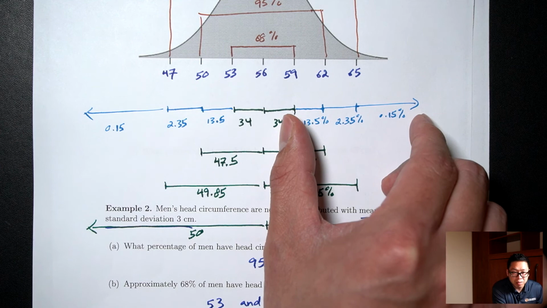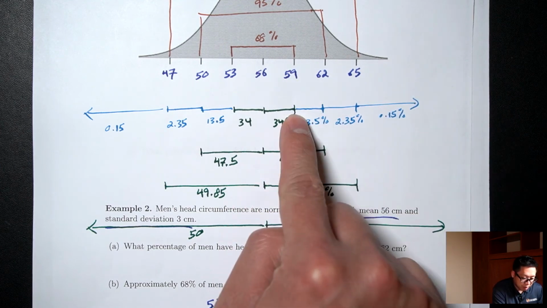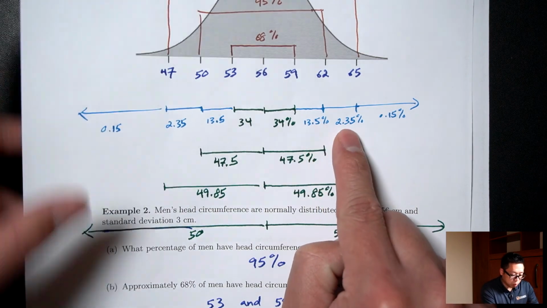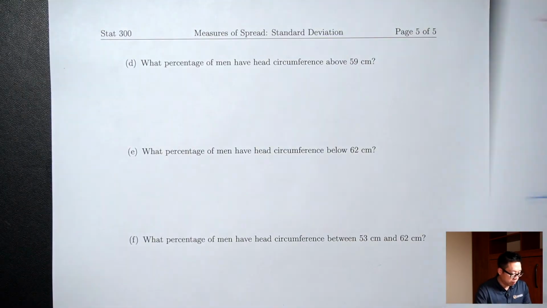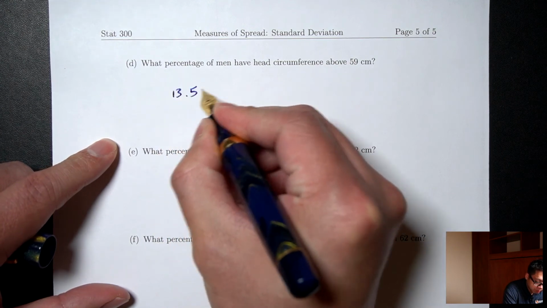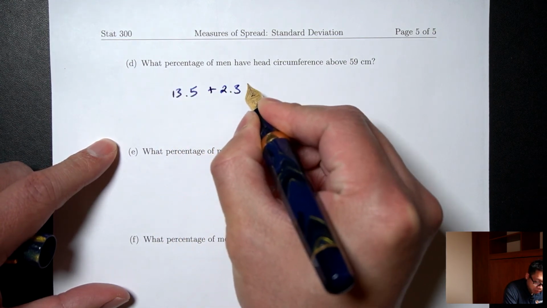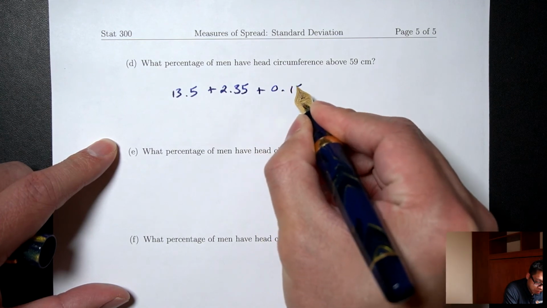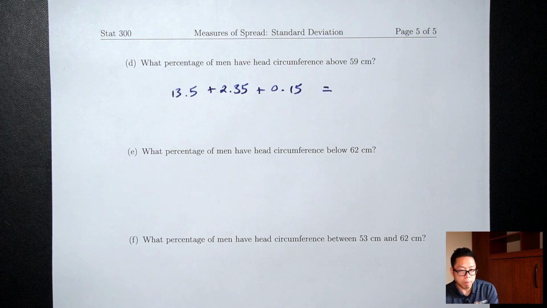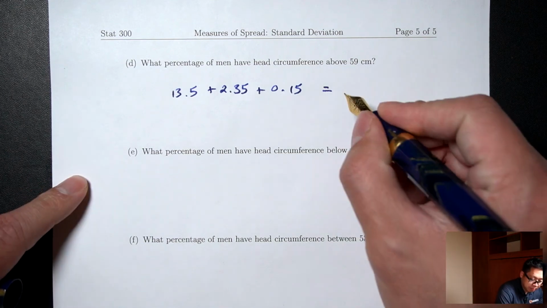Right? So 13.5 plus 2.35 plus 0.15. And those are all percentages.